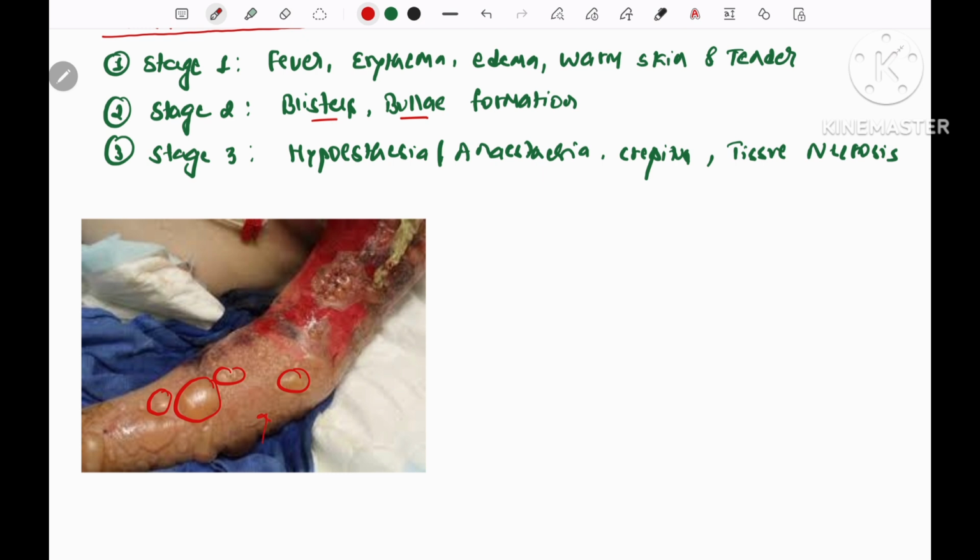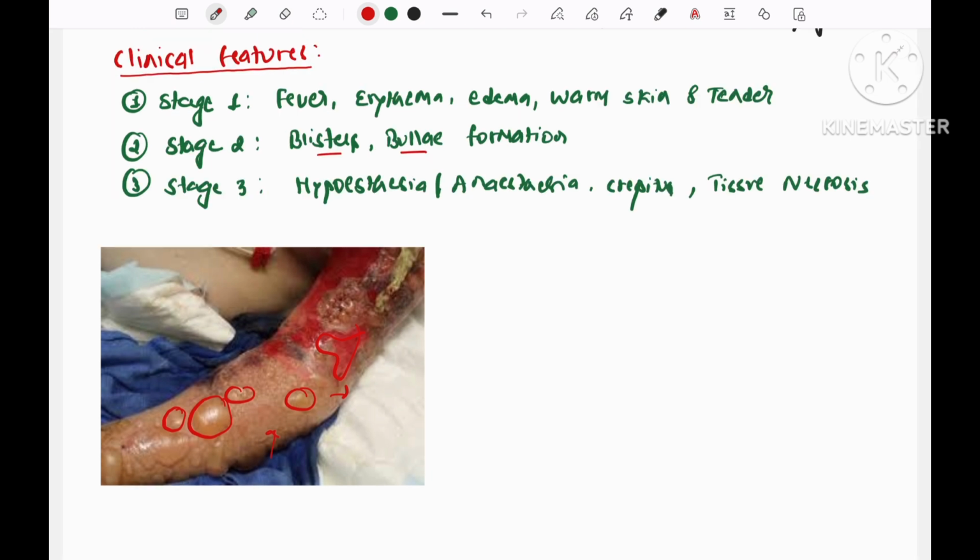We can also find crepitus. If there is subcutaneous emphysema, there is erythema. We can also appreciate edema, and the skin looks very erythematous, and on palpation it will be warm and tender.